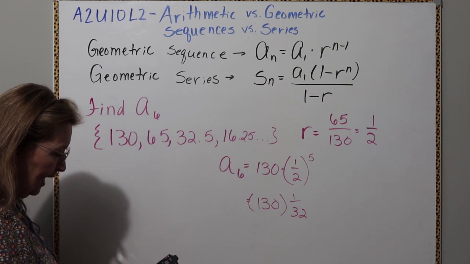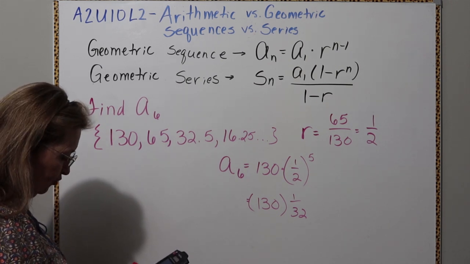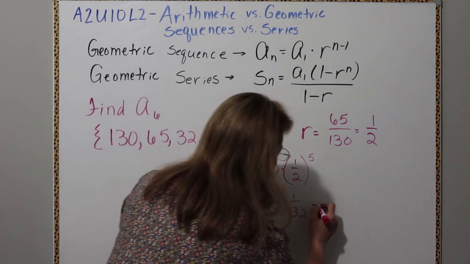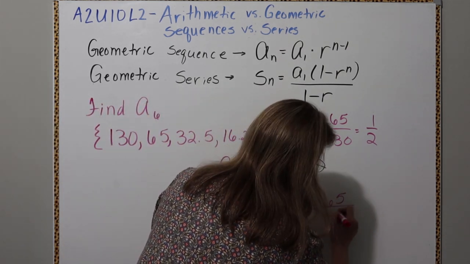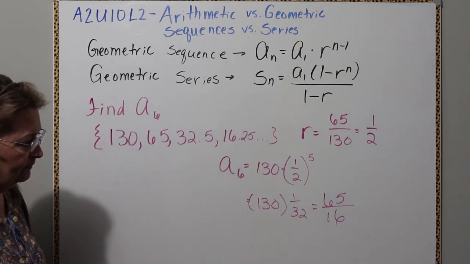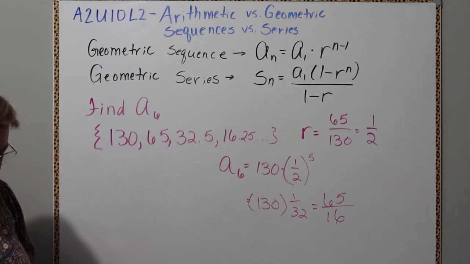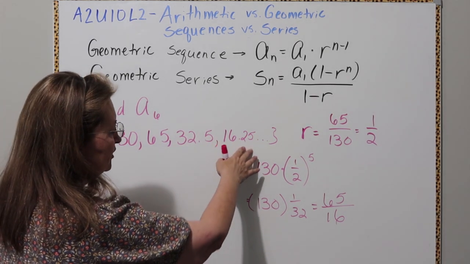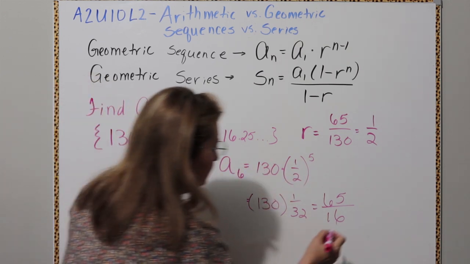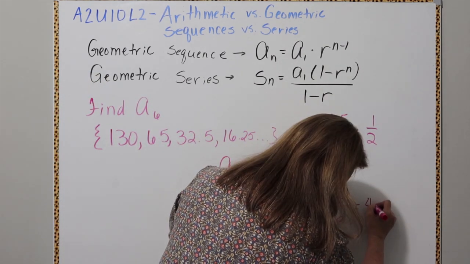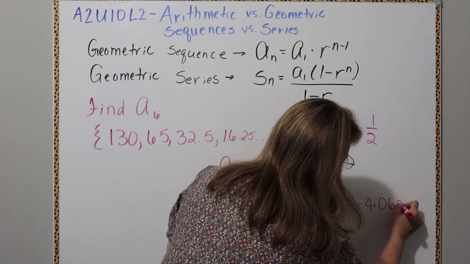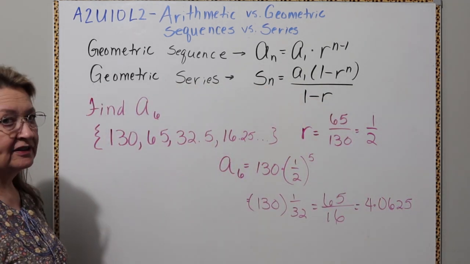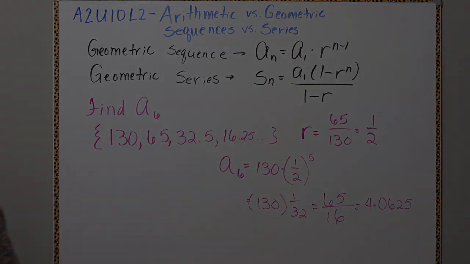So when I multiply 130 times 1 over 32, I get 65/16. It's just that easy. And since our sequence is going into decimals, I'll go ahead and change this to a decimal, and that would be 4.0625. Okay.